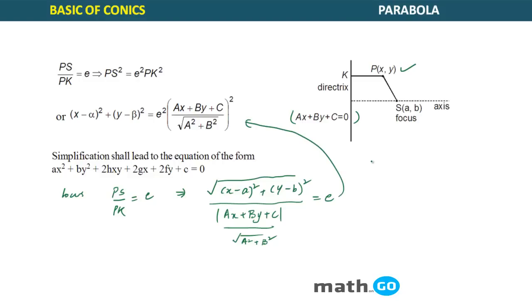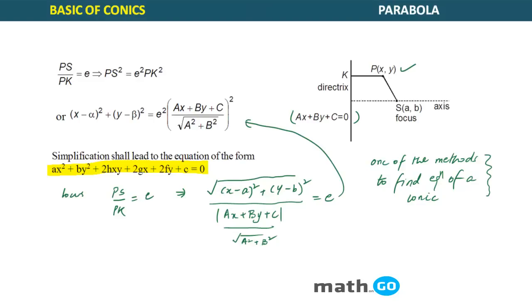This is one of the methods to find the equation of a conic, and the answer that you will get by this method will be a second degree curve. If you simplify this, it will have all these terms.